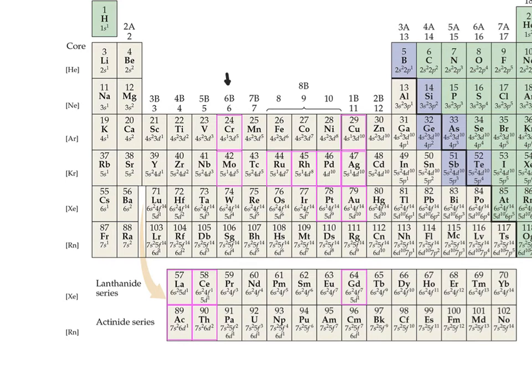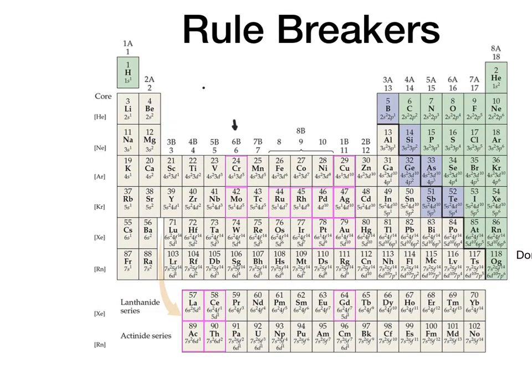So for chromium, it turns out that it is more energetic to have the 4s and the 3d electrons. So there are 1, 2, 3, 4, 5, 6 valence electrons, and they go 1, 2, 4, 5, 6. 1, 2, 3, 4, 5.